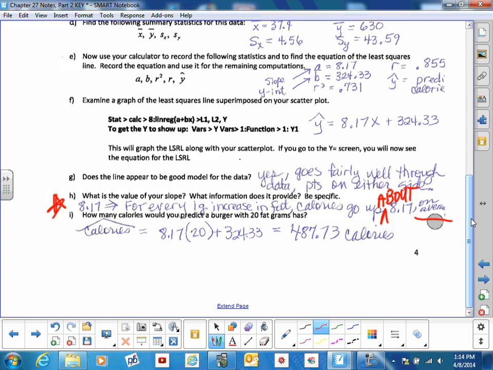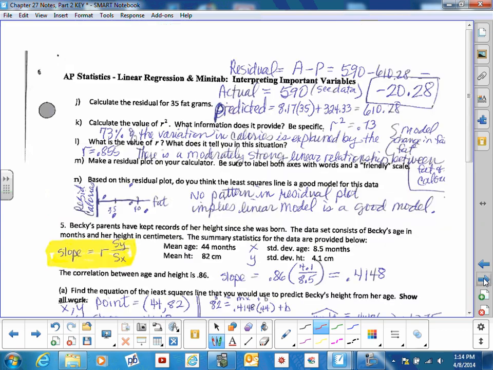This next one at the top of the next page is almost identical to the one I just went over with you on 1C. You have to be able to compute a residual. So let's do this. First of all, in order to compute a residual, you need an actual value and you need a predicted value. So, if they tell you that 35 fat grams, what is that indicating that 35 is?